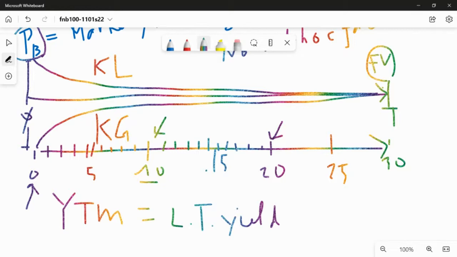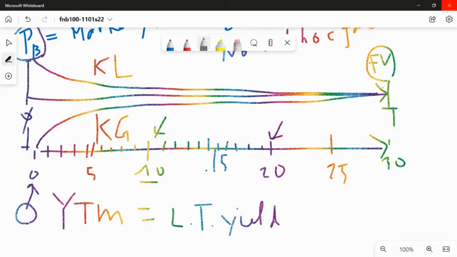The yield to maturity at that point would be different from the yield to maturity from the other points. Of course, yield to maturity would change. And I would say the yield to maturity would be greater at this point than at later points. But at some point it will reverse.